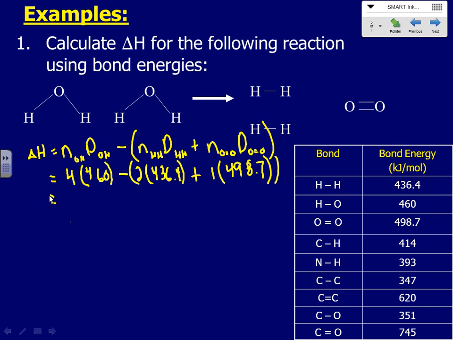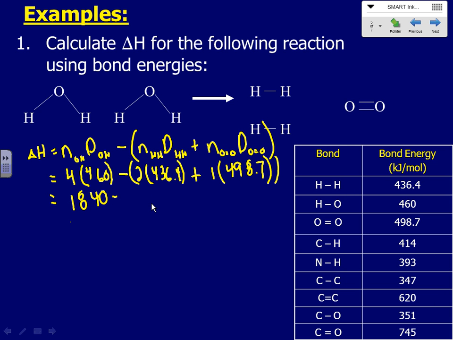I like to do these things in 2 different steps, keep them separate. So 4 times 460, that is 1840, minus.